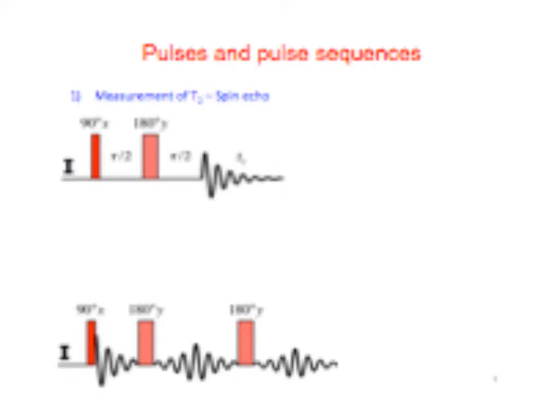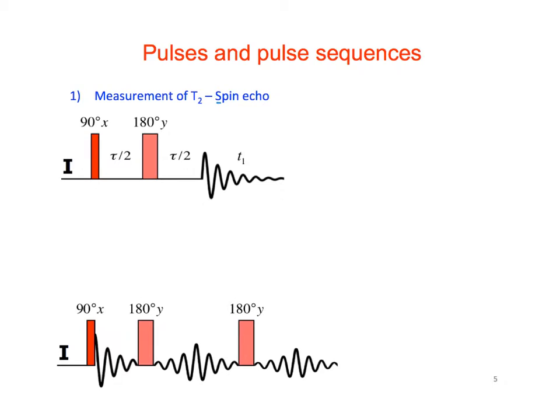All right, the T2 measurement is kind of more complicated. I'm not really sure the details of how they calculate this, but let's just look at what happens in this pulse sequence. To measure T2, they use what's called a spin echo.